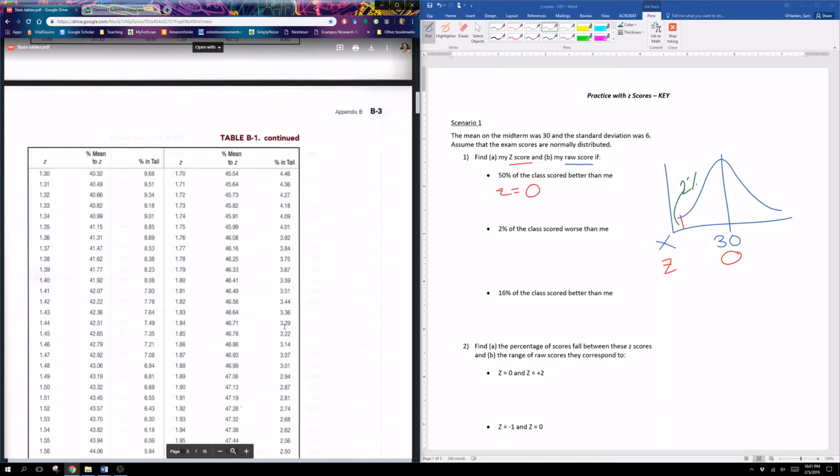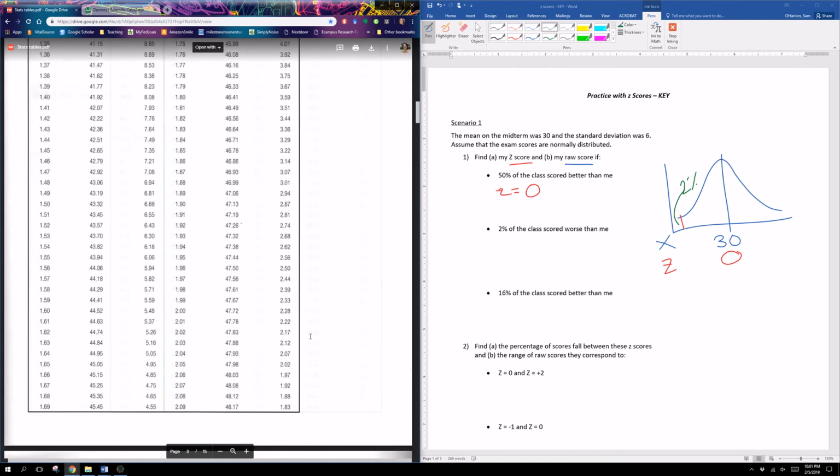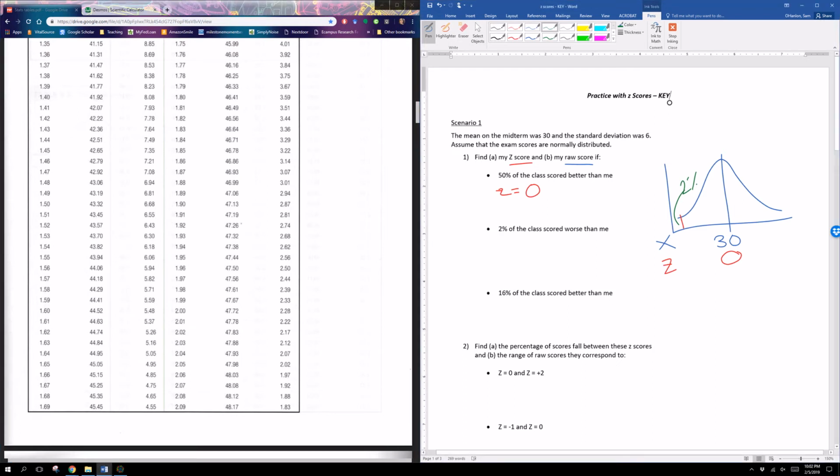So percent in tail, closest one is 2.02, and that gives us a z-score of 2.05. Because we're on the negative side of the distribution, that gives us a z-score of minus 2.05.